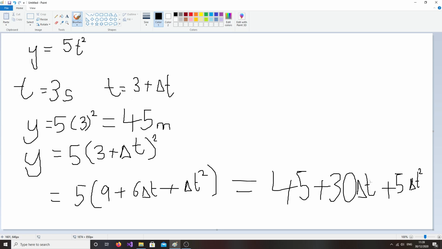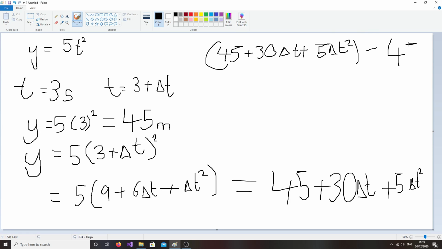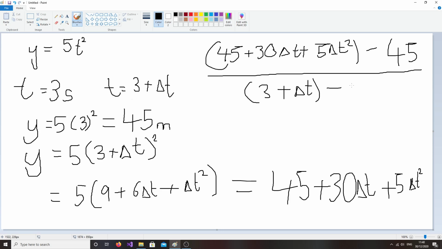And then we'll take that value we just got, and we're doing the same process as before: minus 45, divided by 3 plus delta t minus 3.